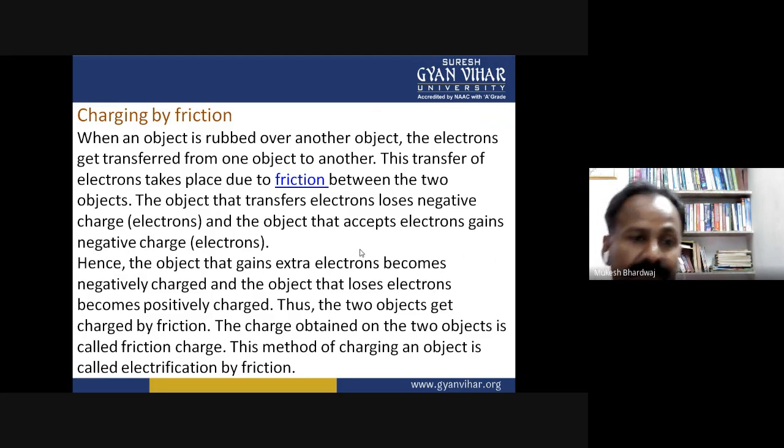The object that gains the extra electrons becomes negatively charged, and the object that loses electrons becomes positively charged. Thus, the two objects get charged by friction. The charge obtained on the two objects is called frictional charge. This method of charging an object is called electrification by friction.